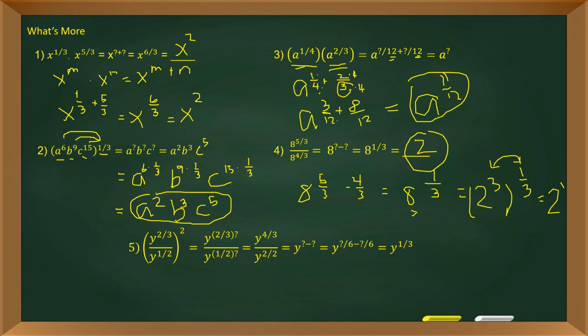And for number 5, since this is a quotient and at the same time there is a power outside the parentheses, we can say that that is a power of a quotient, I should say. So you have to distribute the power again to every part of the fraction, into the numerator and into the denominator.